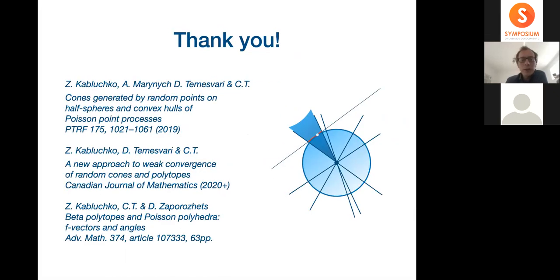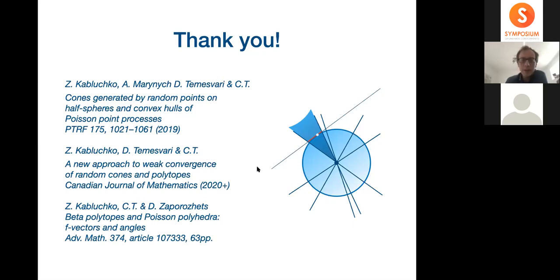Okay, so this is all I wanted to tell you for today. If you want to know more, you can have a look at the few papers we wrote. There's first of all the paper where we look at the random cones generated by random points on half spheres. This is one of the ingredients. To show the convergence, we need to develop this new weak convergence device I showed you, and we took care of all the details.